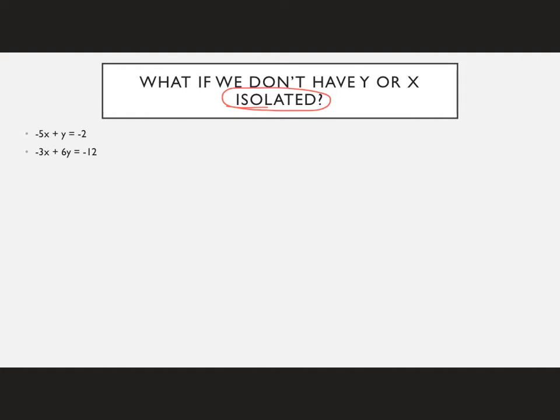I'm going to choose, just because I see this y here that doesn't have a coefficient, that equation to isolate our y. So I'm going to bring that over here. Negative 5x plus y equals negative 2. In order to isolate y, I'm going to add 5x to both sides.